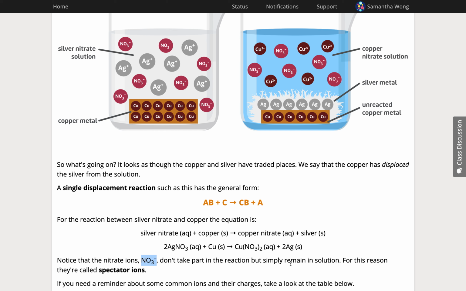As such, we call them spectator ions. Just like if you were to go to a sporting event or a sporting game, if you're just in the audience, you're a spectator. You're not playing the game, you're not participating in any way. You're just there watching. That's exactly what these nitrate ions are doing as well. They're just there watching it all happen.